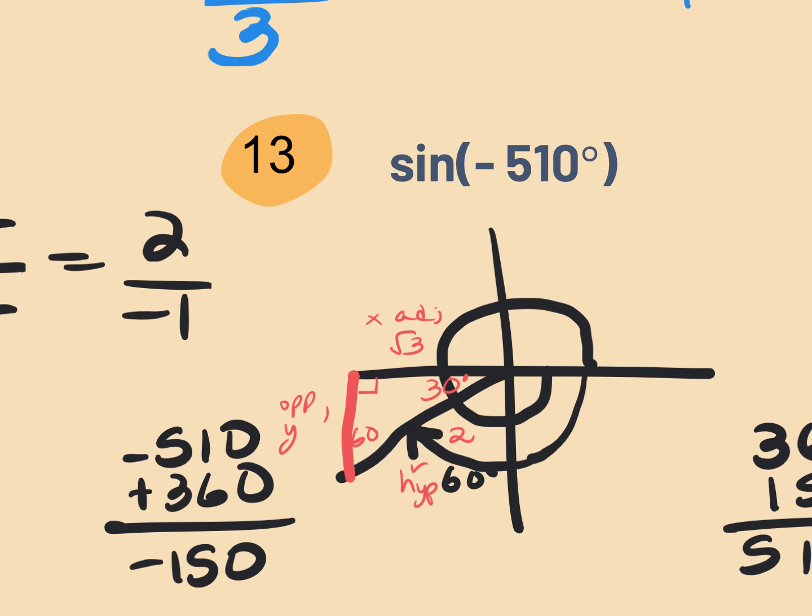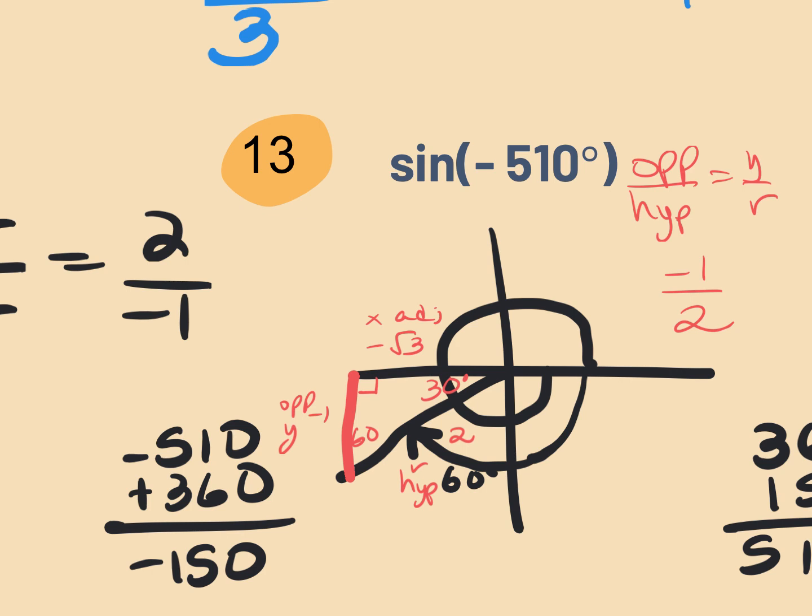They want us to find sine. Sine is opposite over hypotenuse, or y over r. So -1, and then the signs here are negative, negative. So -1 over +2. The r, or the hypotenuse, is always positive.